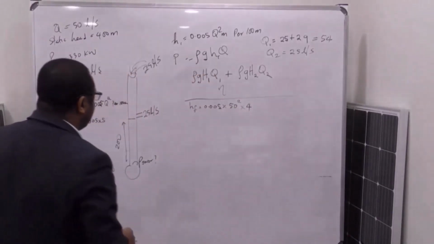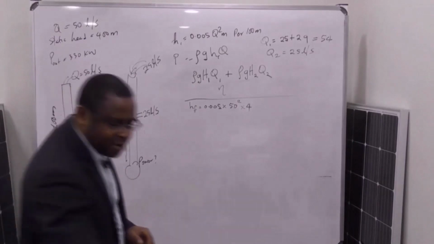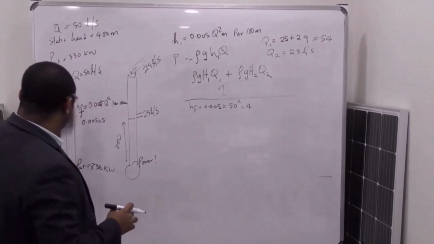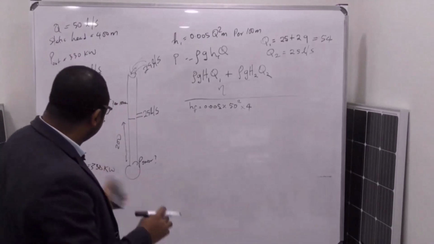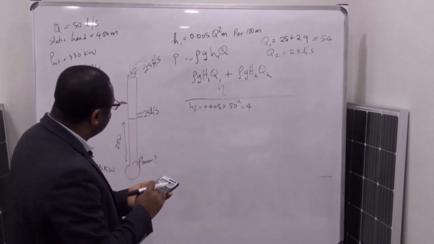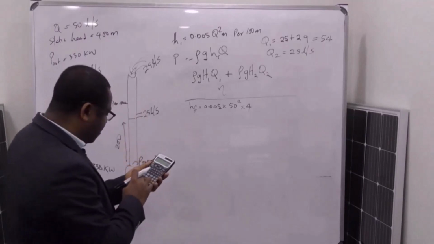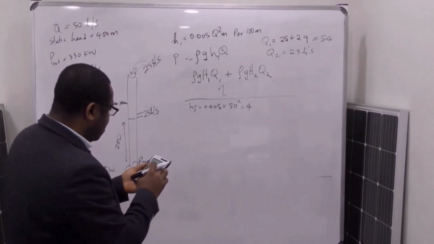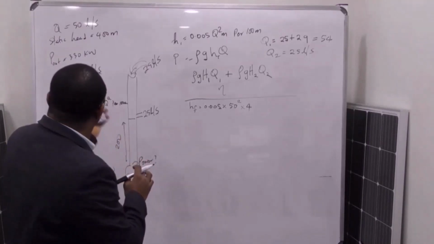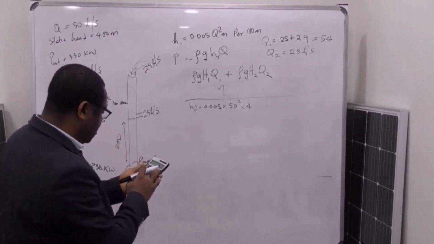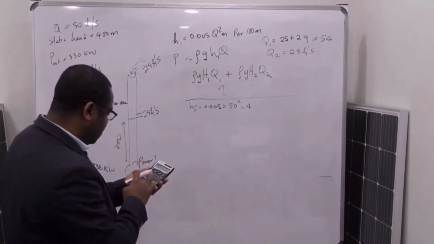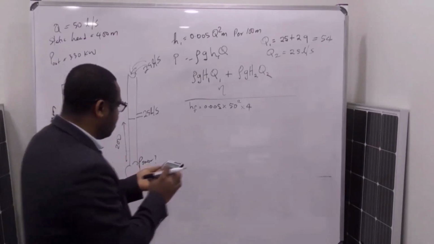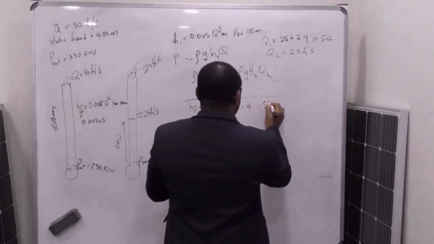All right. So now let's get the power to push this up, and I'll use that to get the efficiency here because I'm going to use it on this system. So I have 0.005 times 50 squared times 4, which will give you 50 meters.